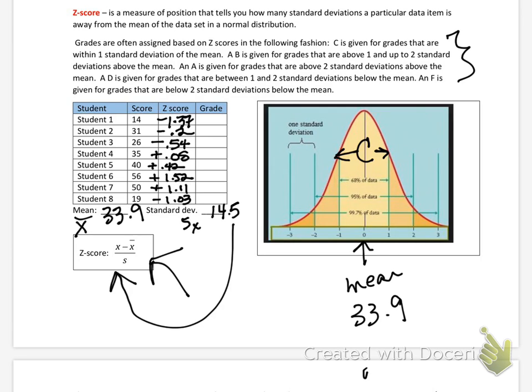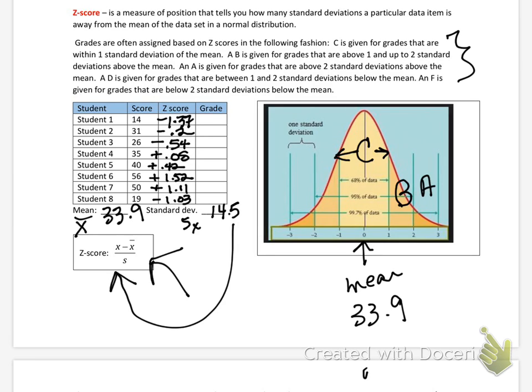Okay, let's keep going. A B is given for grades that are above 1 and up to 2 standard deviations above the mean. An A is given for grades that are above 2 standard deviations, so here is where my A is going to be.